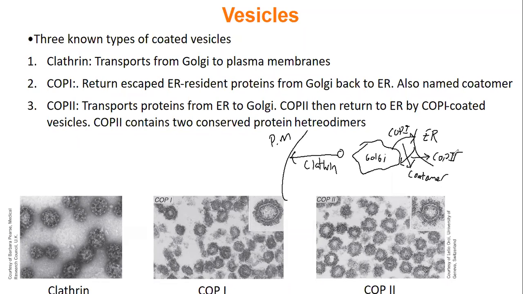And so what COP2 will do is that they will travel back in COP1 vesicles. And Clathrin, COP1, COP2, if that's my vesicle that I just drew, these proteins are just on the outside of it, right? Coating it, helping to form this vesicle. That's what I'm talking about. And the proteins that are on the outside determine which way we're going.